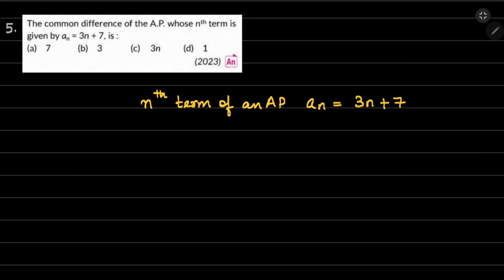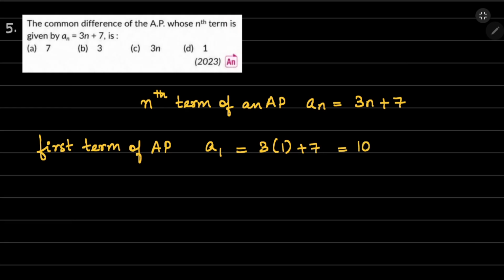So whenever you are given the nth term, you can find out the first three terms of the AP. So the first term of the AP will be A1. In place of n, you can put 1. So 3 into 1 plus 7. So 3 ones are 3 plus 7, it's 10.